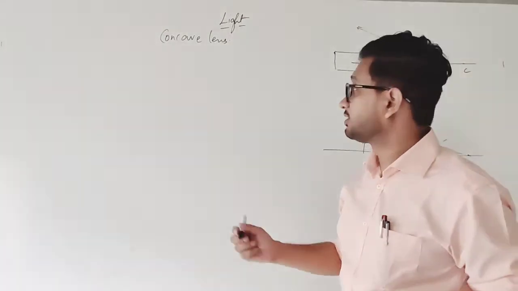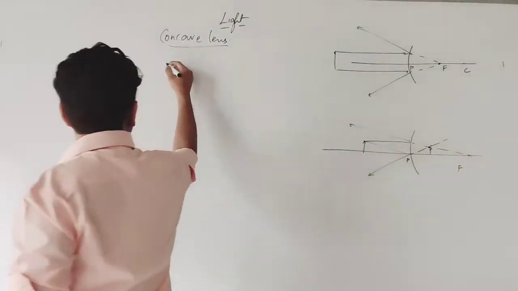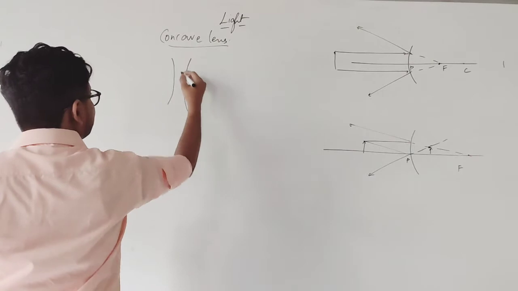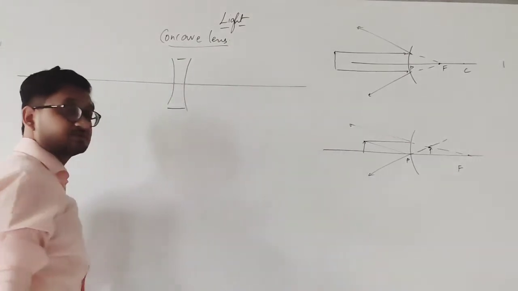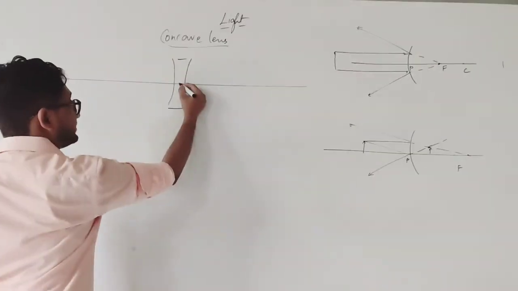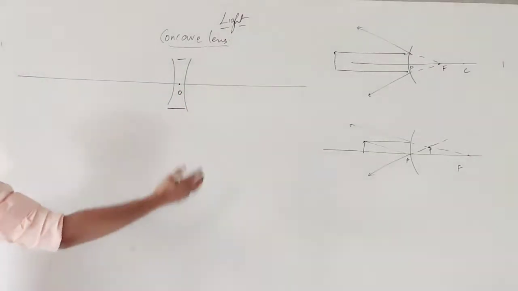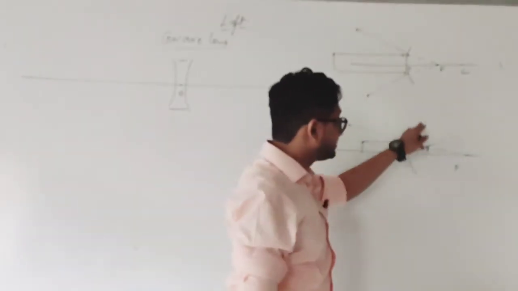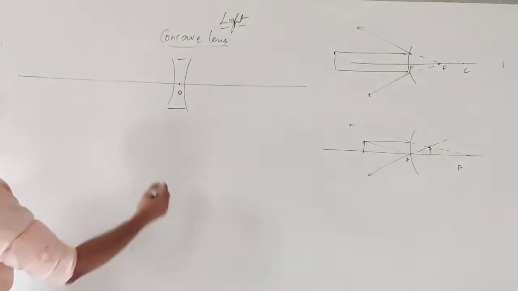Same thing will be for the concave lens. So for the first case of the concave lens, we have a concave lens like this. Principal axis, we have the optical center over here. For a mirror we have the pole, and for a lens we have the optical center.